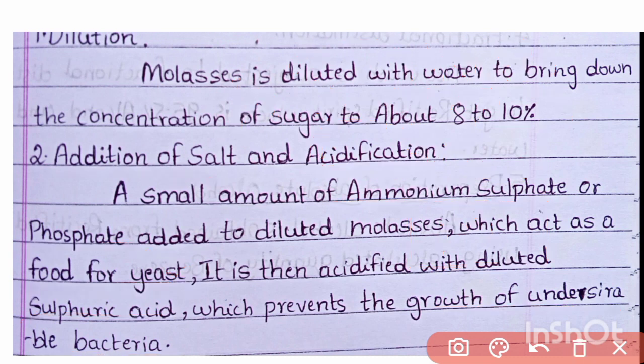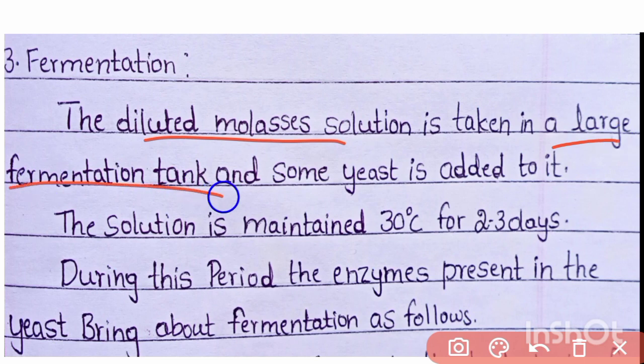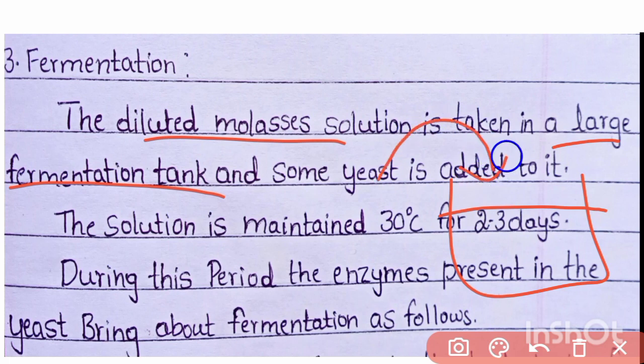Next, the third step is fermentation. In fermentation, the diluted molasses solution is taken in a large fermentation tank. To this tank, first we add dilute molasses.